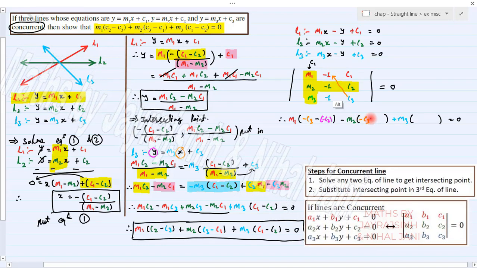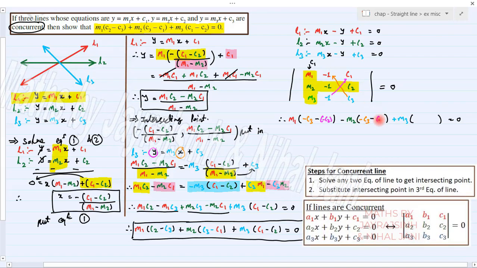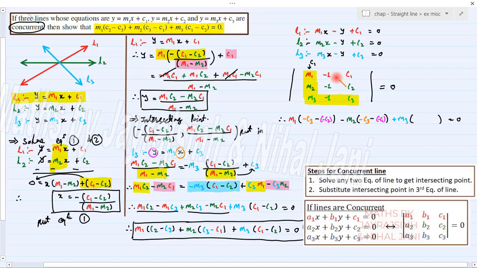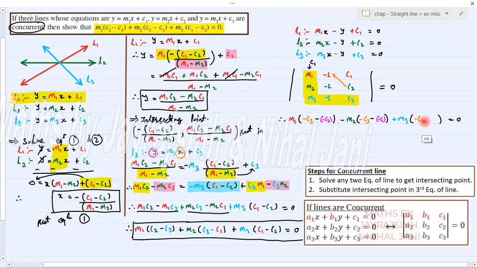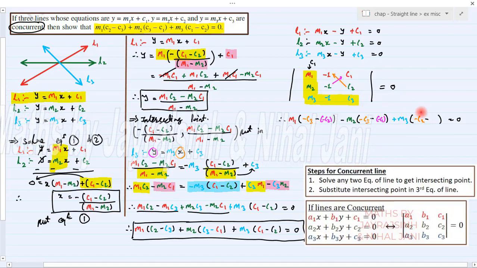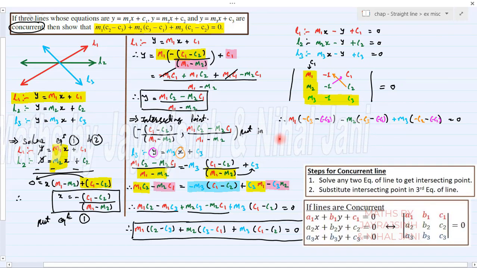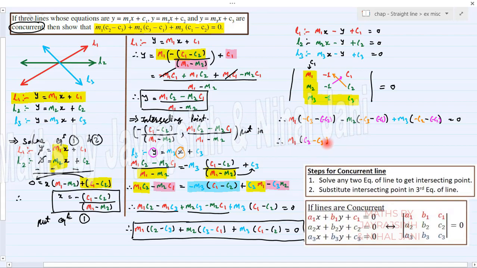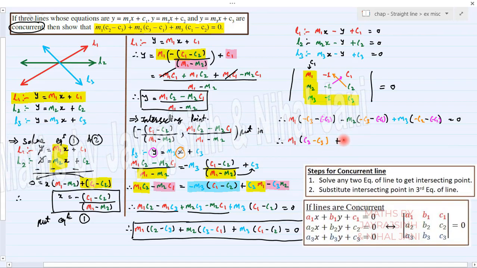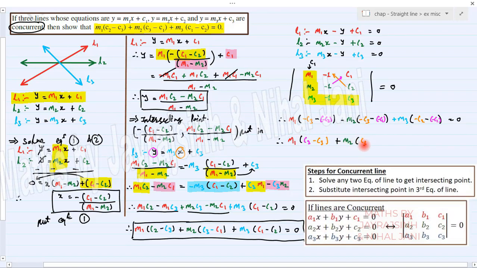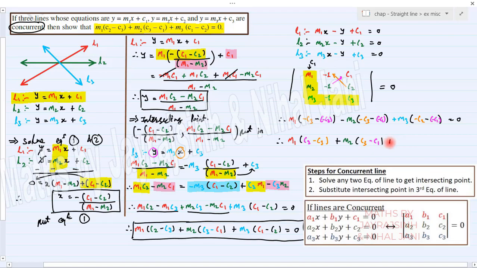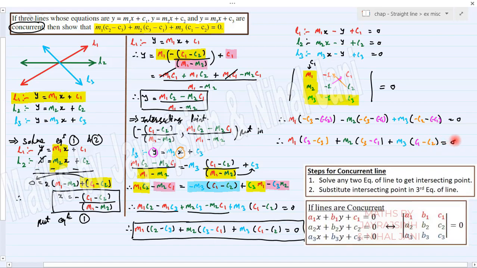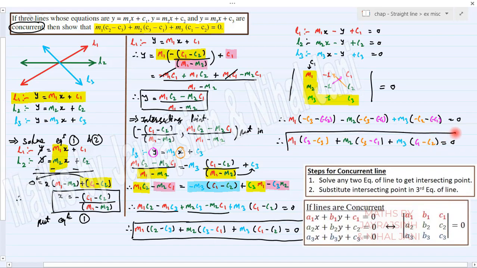We'll get minus c3 minus c1, and then ignore the first column and last row and cross multiply. We'll get minus c2 minus c1. So if we rearrange the terms, we'll get (c2 minus c3), then multiply the negative sign within the bracket (c3 minus c1) and m3 into (c1 minus c2) must be 0. Hence proved.